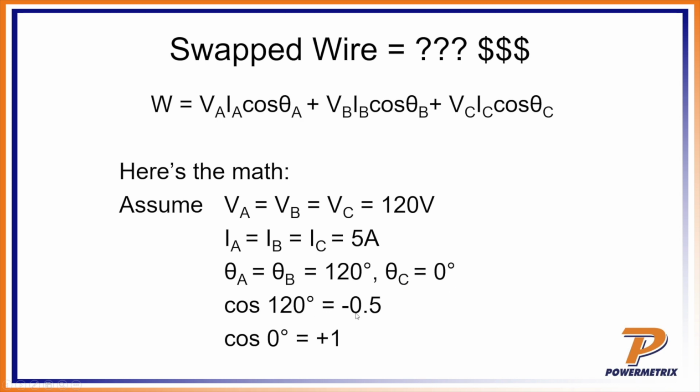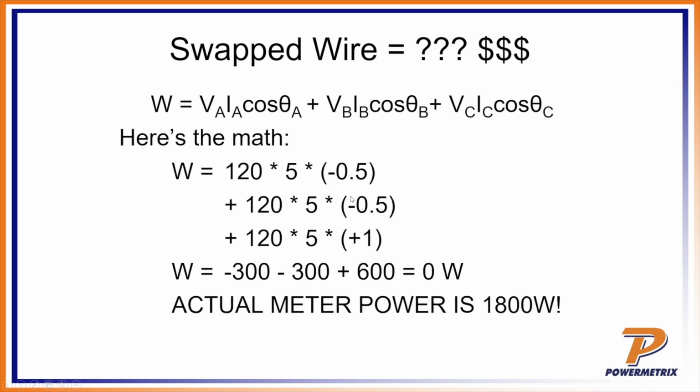Cosine of 120 is negative 0.5, cosine of 0 is +1. So I get negative 0.5 and negative 0.5, which adds up to -1. Plus 1, what does that add up to? -300, -300, +600 equals 0 watts, even though the actual meter power is 1,800 watts.